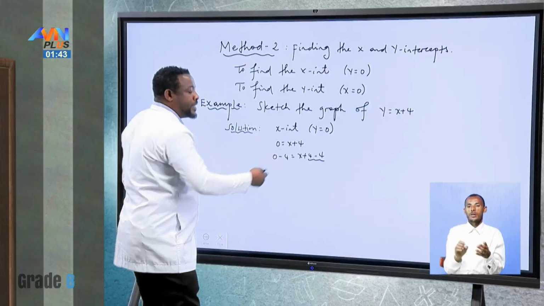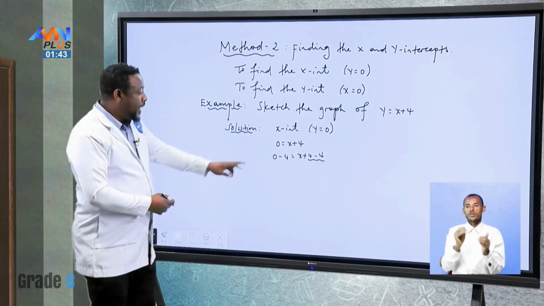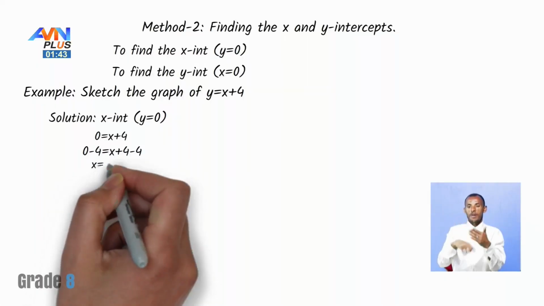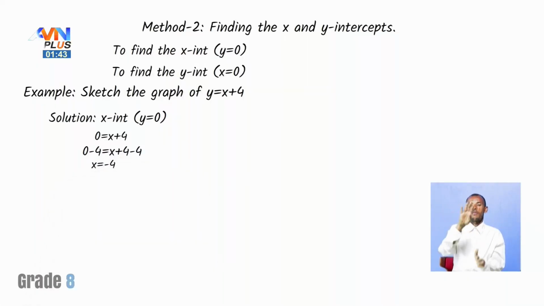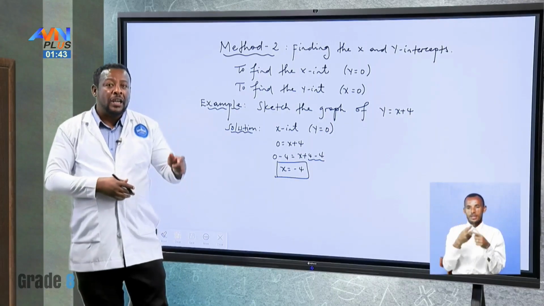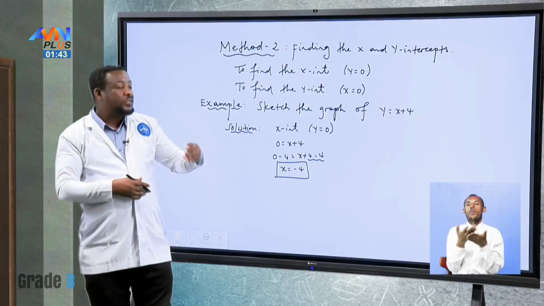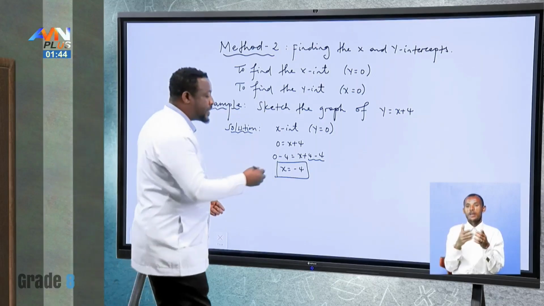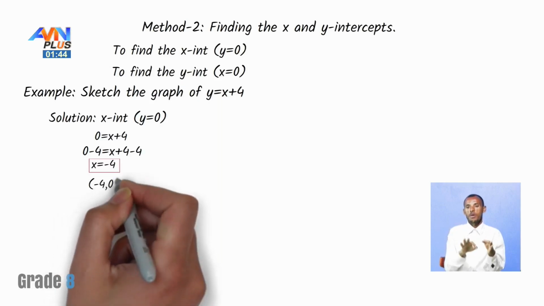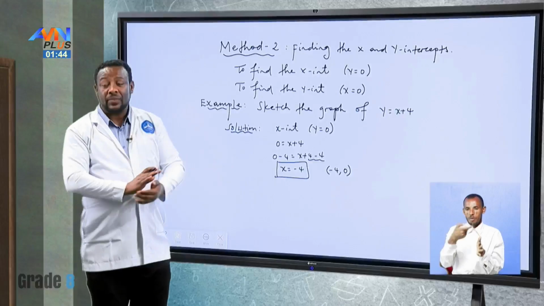So x plus 0 is x, and 0 minus 4 is minus 4. So the value of x becomes minus 4. Okay, this is the x-intercept, or the point where the graph crosses the x-axis. Or you can put it in the form of an ordered pair in this way. Okay, now we have the x-intercept.